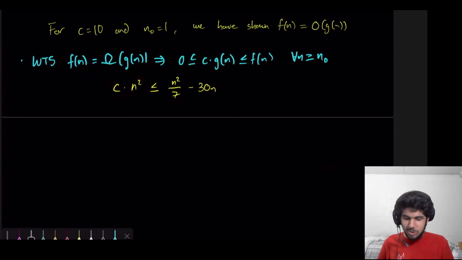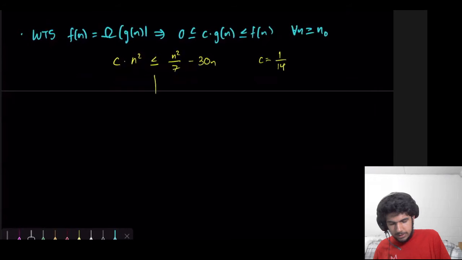So it makes sense to choose a smaller c such that c is less than or equal to this 1/7 term. And since c could be anything, let's just play it safe and choose something small enough. So I'm going to choose c equals 1/14 because 14 is a multiple of 7, so I'm hoping that that will help us in our simplifications.